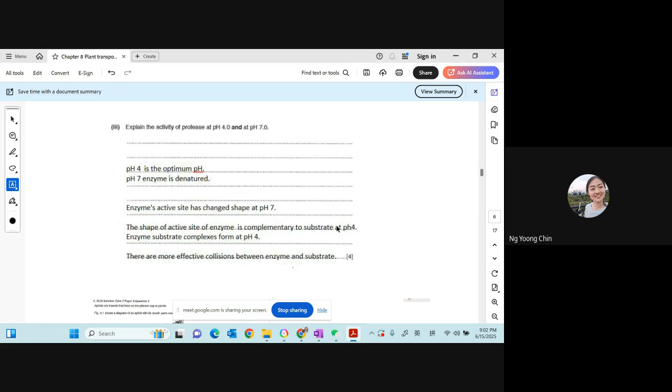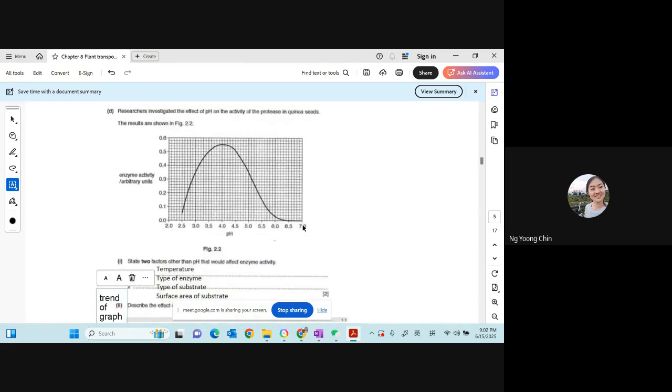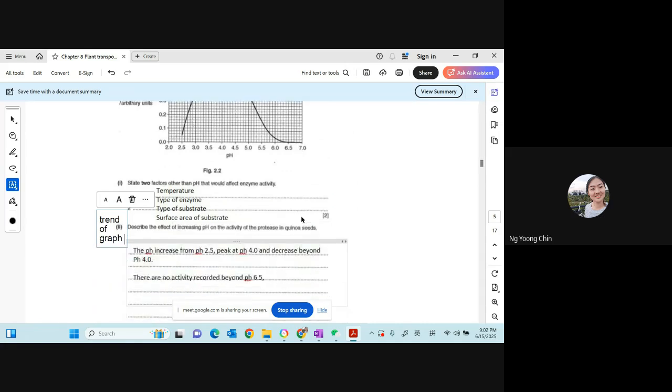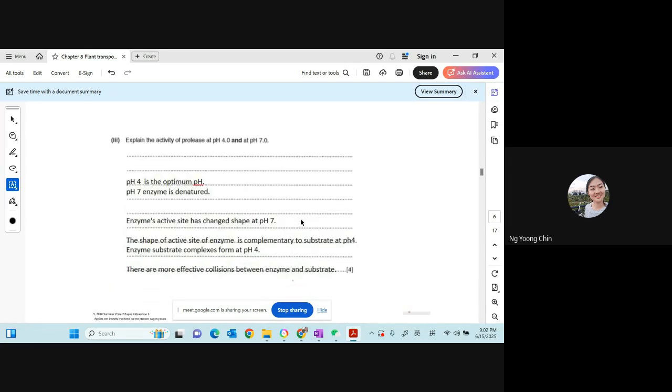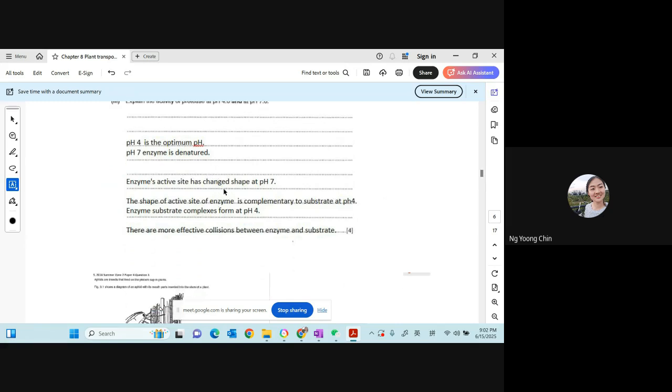But at pH 7, the enzyme activity becomes 0, meaning no more enzyme activity happens. This means that at pH 7 the enzyme is fully denatured in its structure. When the structure is denatured, the substrate is unable to bind to the active site of the enzyme, so there is no more activity.